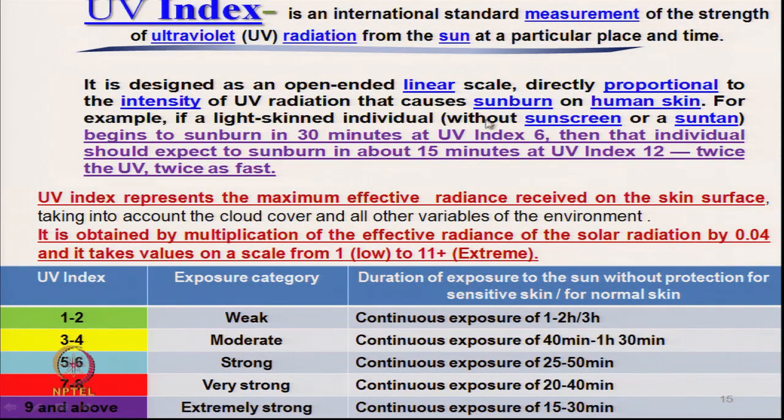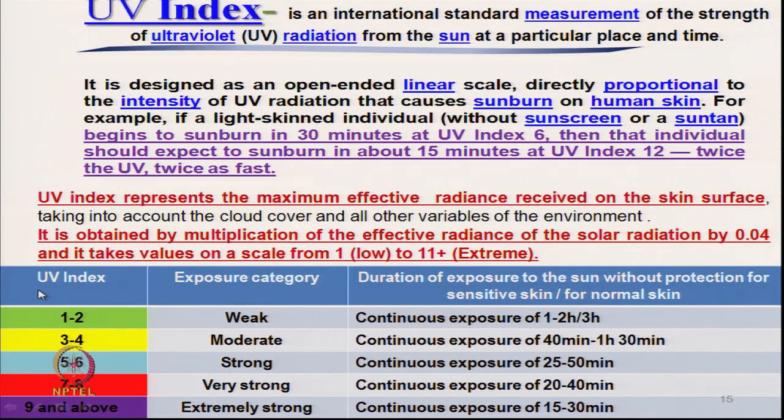So, at UV index 6, if he starts sunburn at 30 minutes, then the individual should expect to sunburn in about 15 minutes with double the index, so, in UV index of 12. So, as the UV index increases, the time required for sunburn will be less.